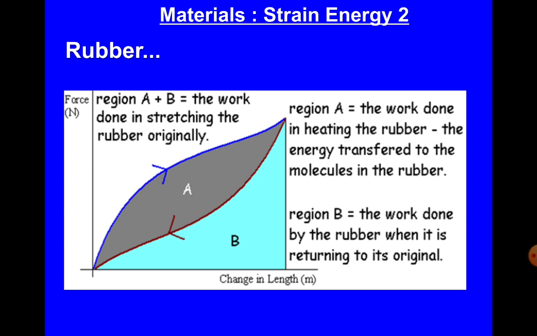When it goes back, region B is the work done by the rubber returning to its original shape. So how do we find the loss of energy? That is the blue line minus the red line, meaning the area under the blue line minus the area under the red line, and that is region A.